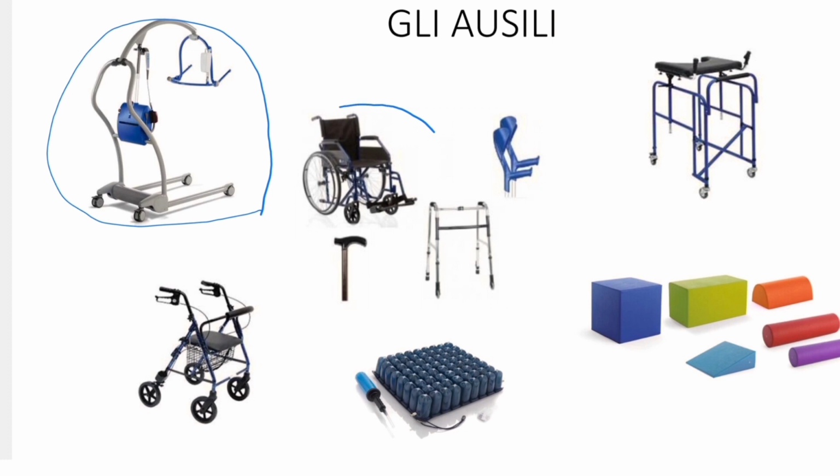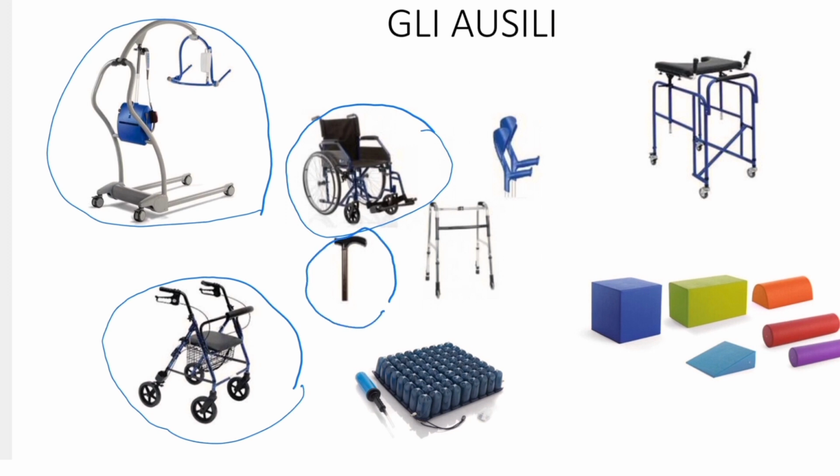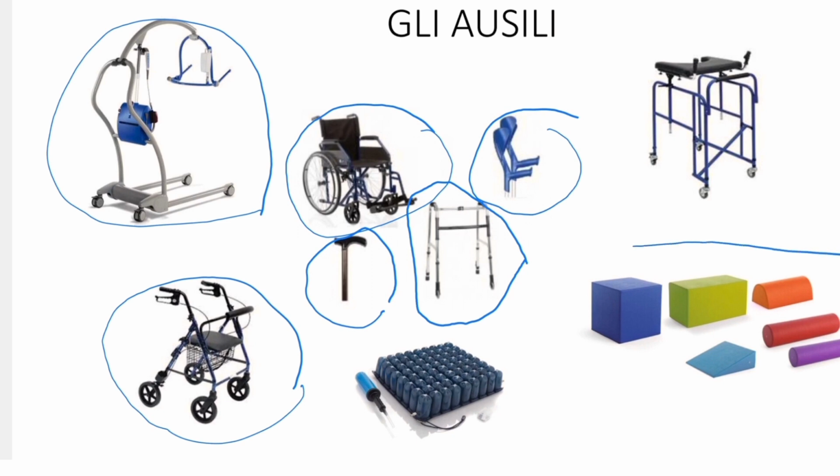We also have our carrozzina, which helps patients to move around houses, move outside, and also perform movement and action. We have the girello, we have bastone, we have the deambulatore, due puntali, due rotelle. We have the stampelle, and we also have the cuscini antidecubito.